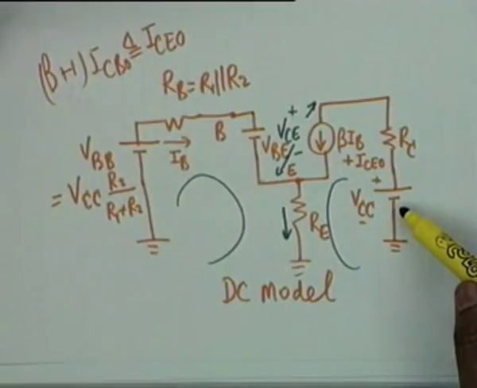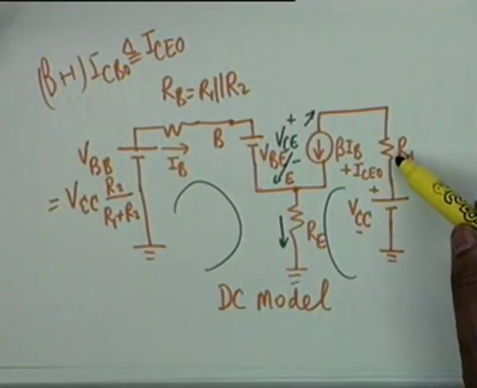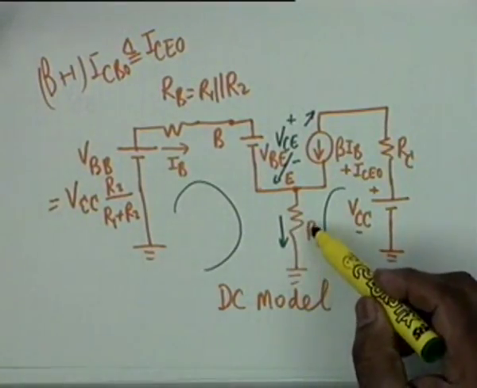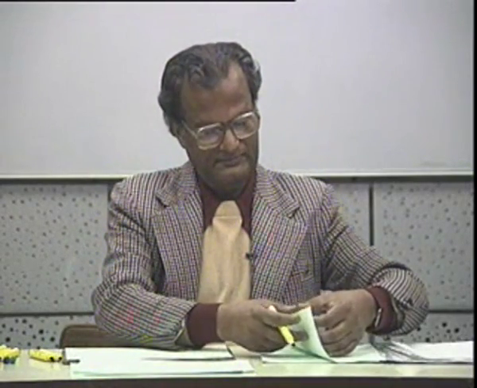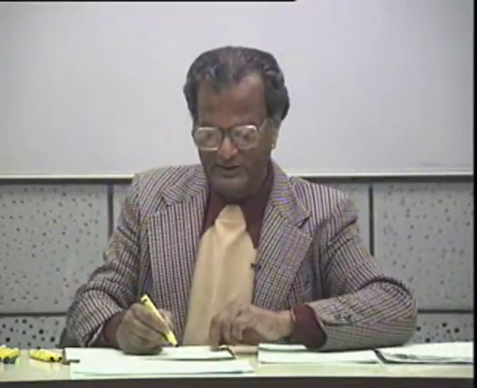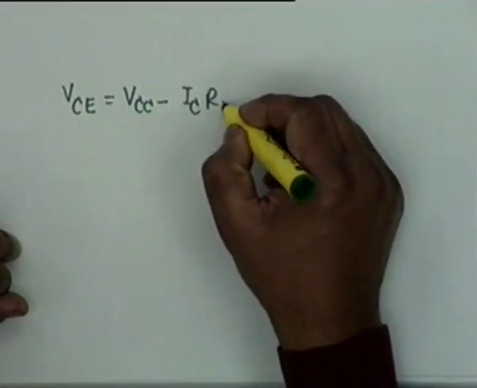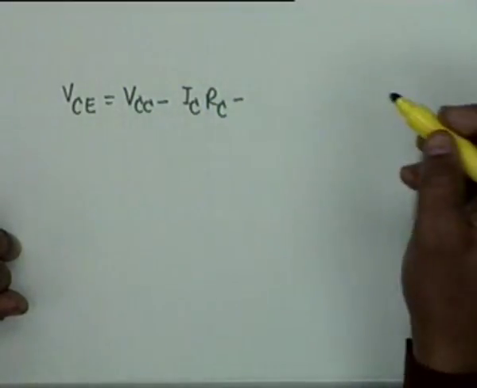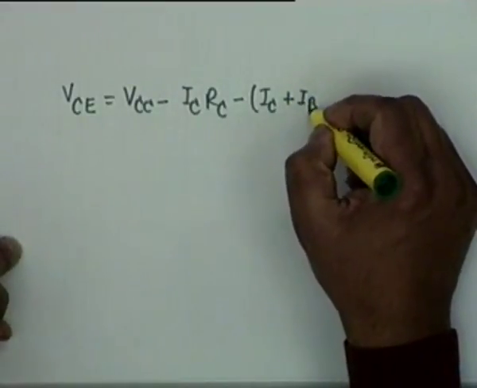VCE would be VCC minus this drop in R sub C, which is IC RC, and then the drop across RE, which we have also found out. Therefore, my VCE should be equal to VCC minus I sub C R sub C minus (I sub C plus I sub B) RE.